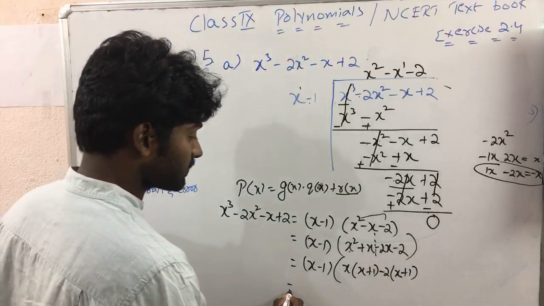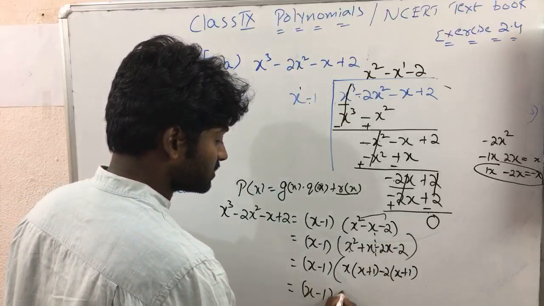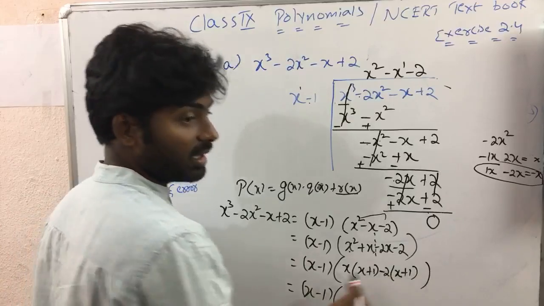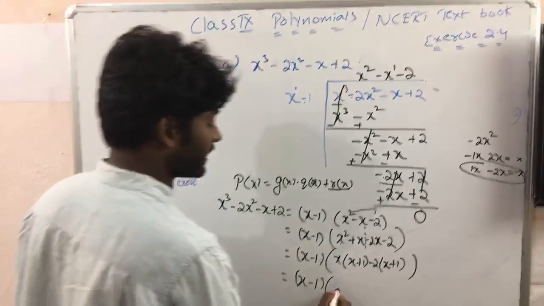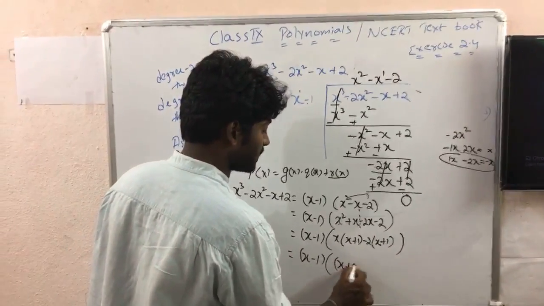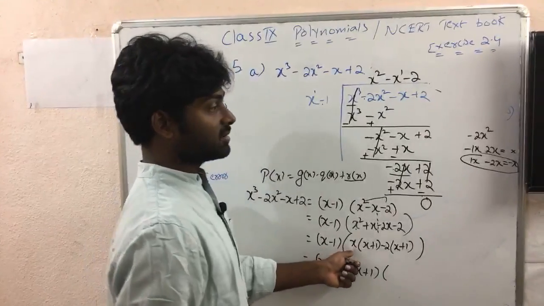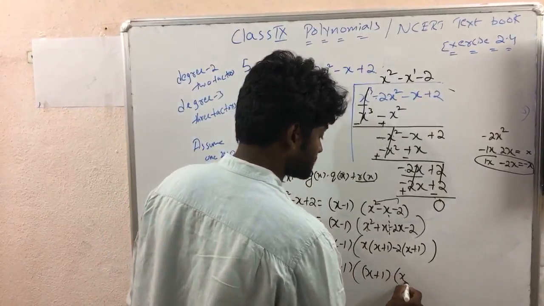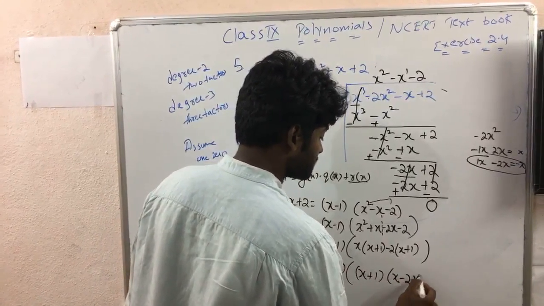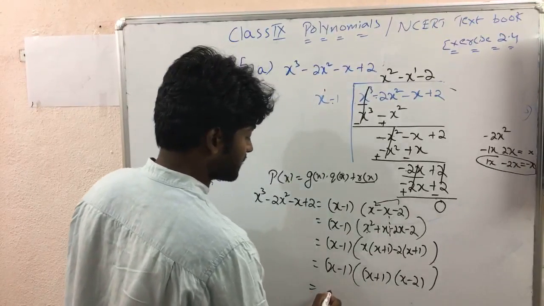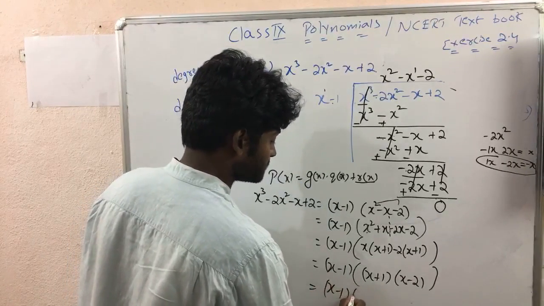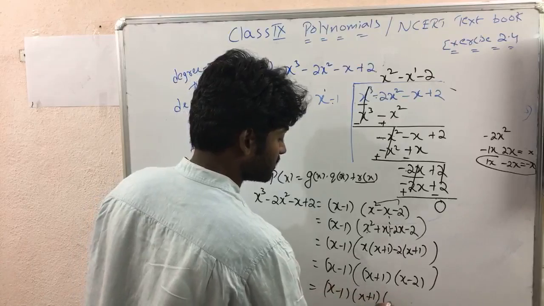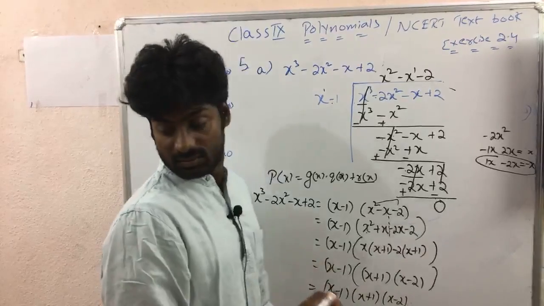Now in these two terms x plus 1 is common, take it out. So x plus 1 into x minus 2. Now the factors are x minus 1 into x plus 1 into x minus 2.